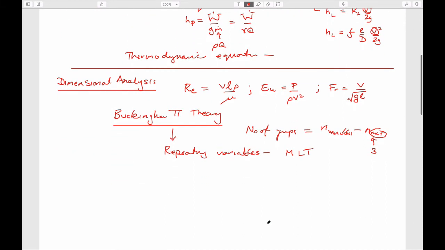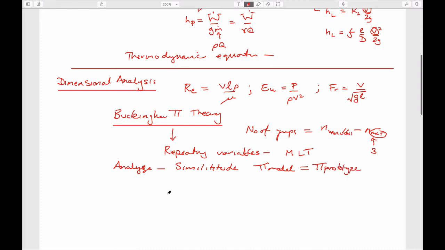The other component in terms of dimensional analysis is its use: we want to be able to analyze in terms of similitude, and that is that the pi groups for the model are equal to the pi magnitudes for the prototype, if you like.